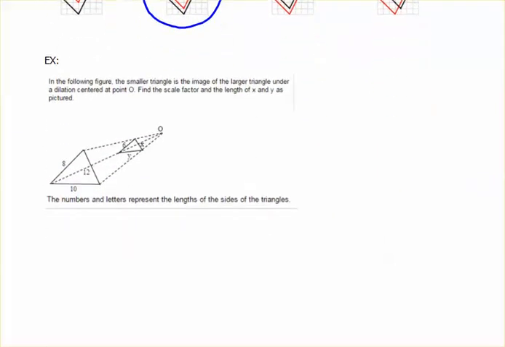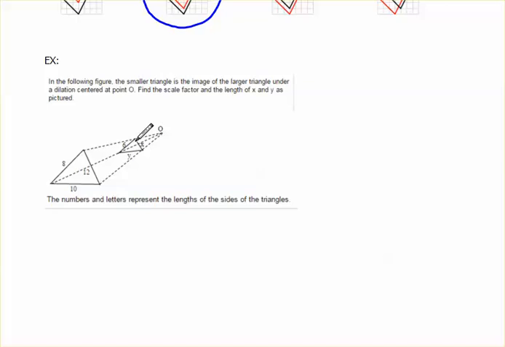Okay, this one says, in the following figure, a smaller triangle is the image of the larger triangle under a dilation centered at point O. So what that means is they've taken this triangle, this is our original triangle, and they have performed the dilation and gotten the smaller triangle. So what does that tell us to begin with?